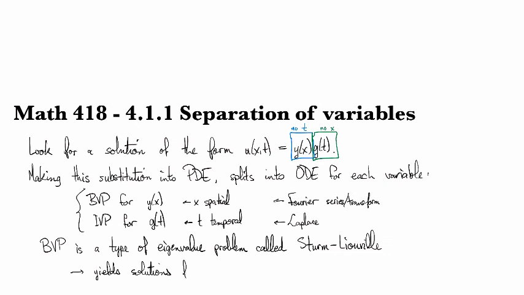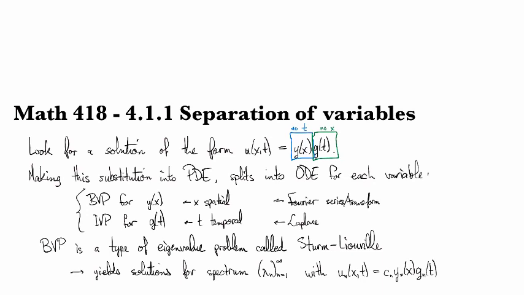So there'll be some sequence of eigenvalues, typically infinitely many, and there'll be the corresponding parts for them. So they'll in general look like some constant, and then there'll be the spatial part, and then there'll be the temporal part.